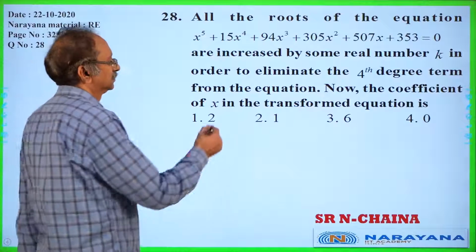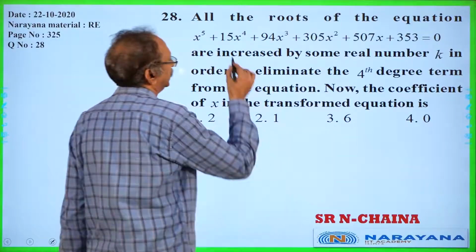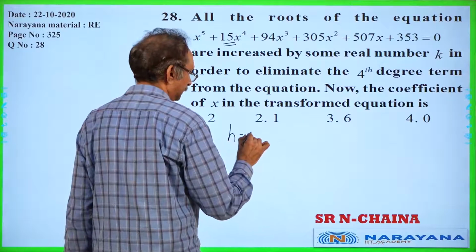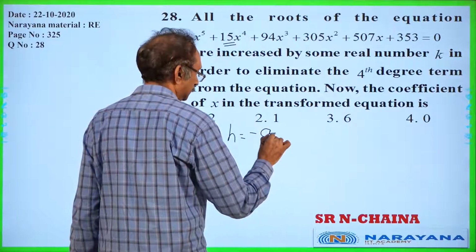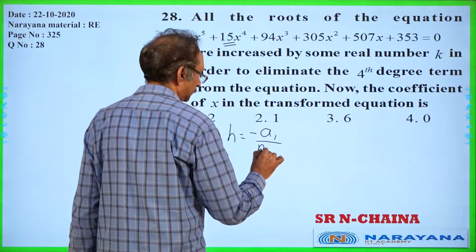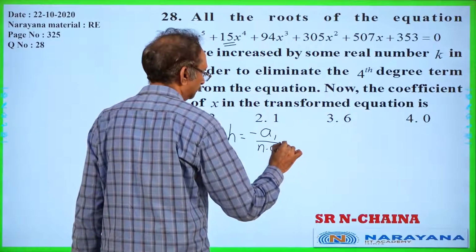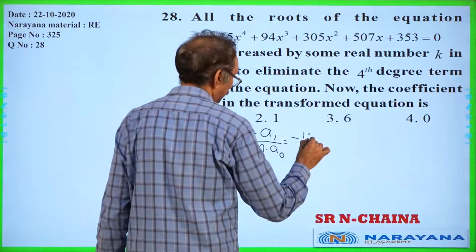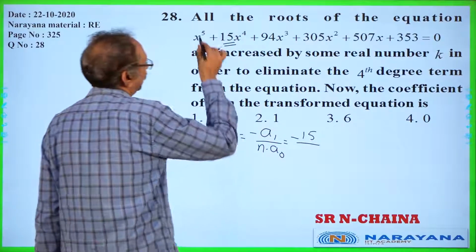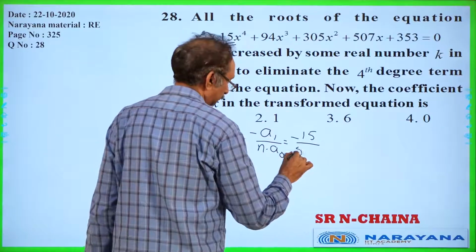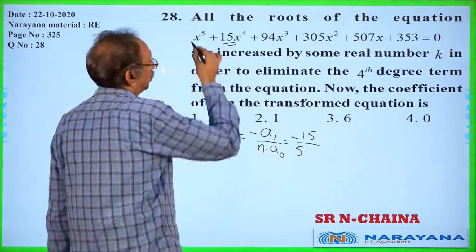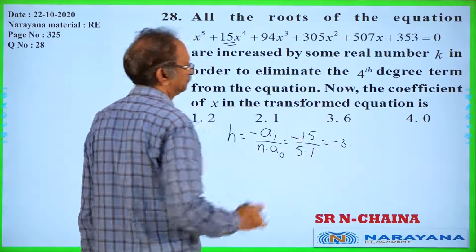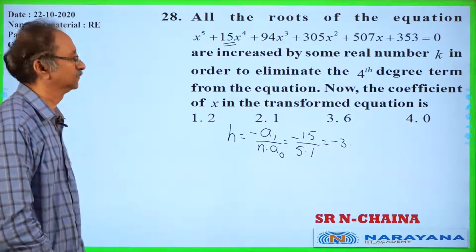To eliminate the fourth degree term, h is very easy, that is minus a1 by n into a0. a1 is 15, n degree is 5, into a0 is 1. So it is minus 3. It is minus 3.